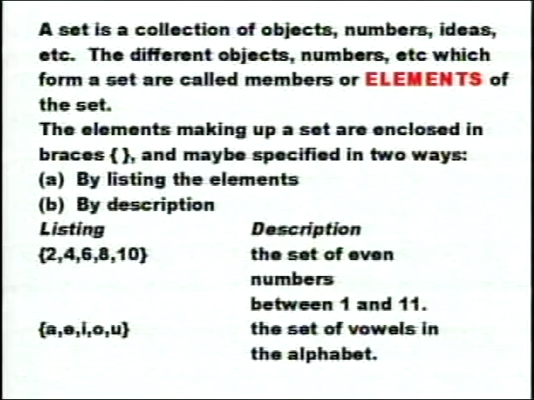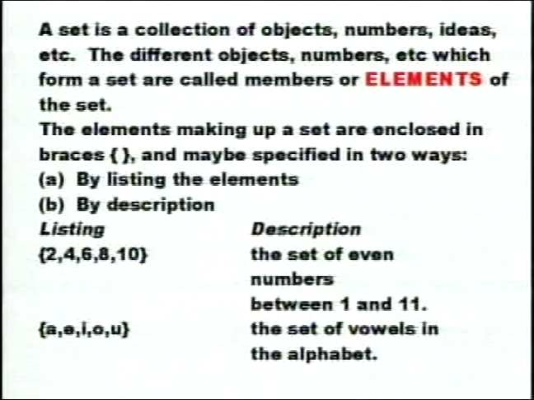The elements making up a set are enclosed in braces, not just ordinary brackets, but like what is shown, okay? They're enclosed in brackets like this, and may be specified in two ways.